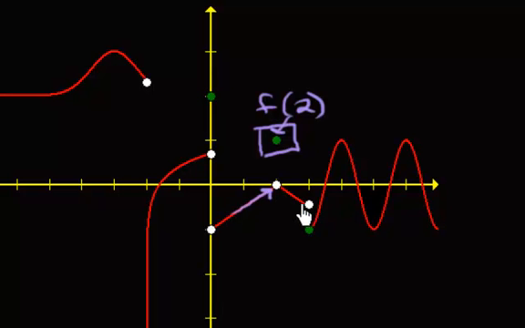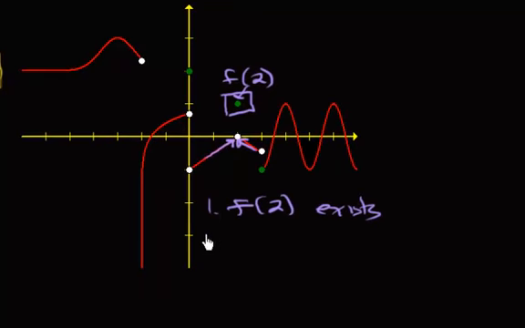If you're approaching from the right, it looks like we're going to a y value of 0. So the limit exists. So we satisfy condition 1, f of 2 exists. So that's condition 1. Condition 2, the limit exists. Both the left and right-hand limits equaled the same thing, which was 0.